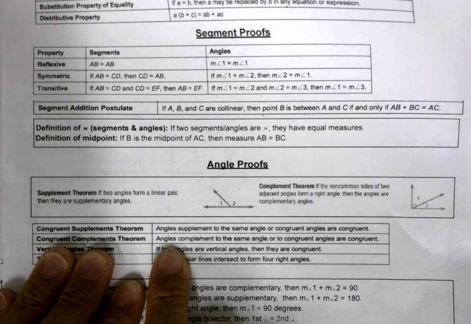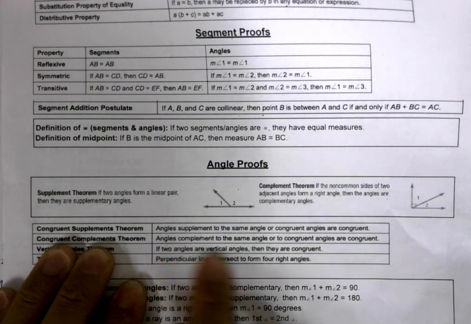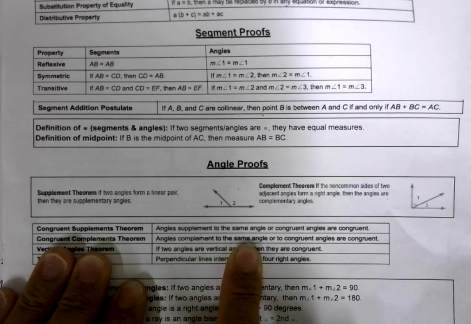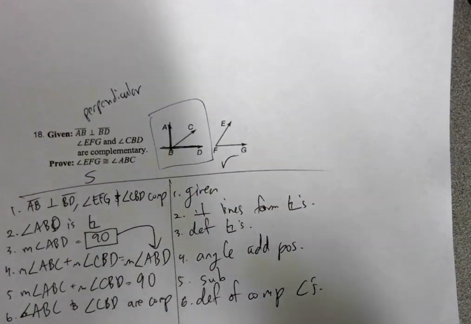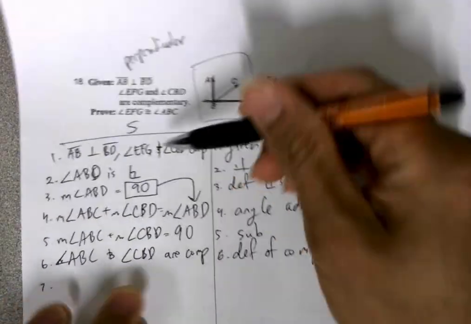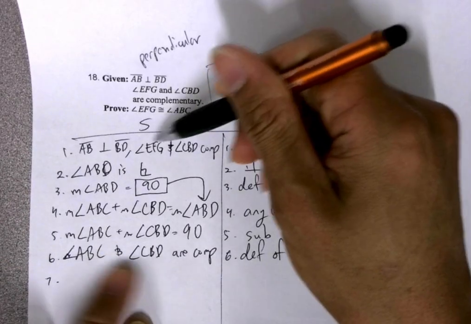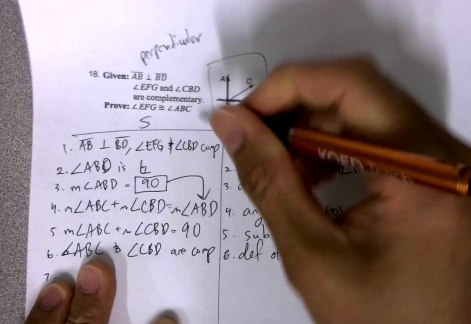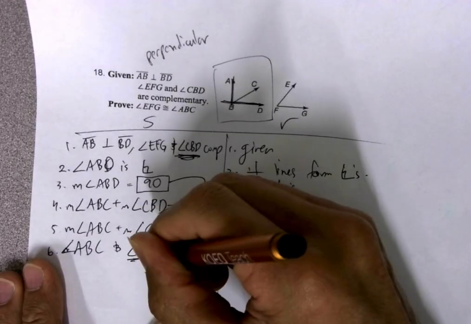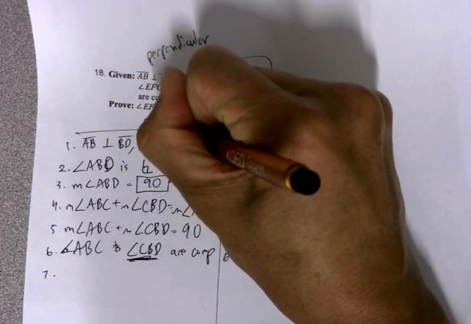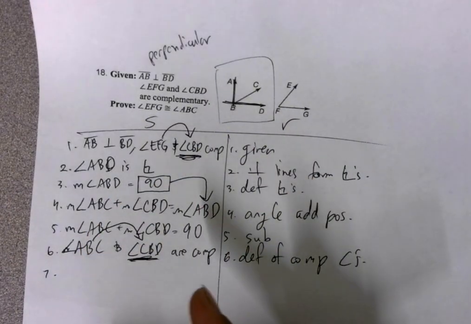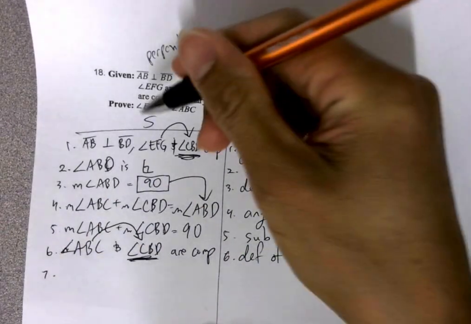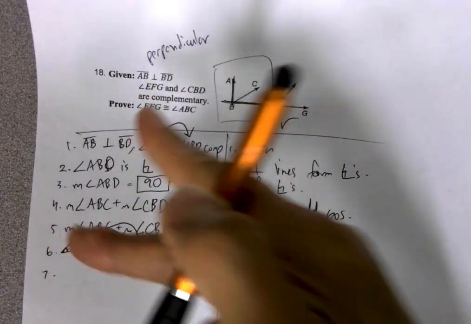Two comp statements saying that two different angles are complementary to the same angle, and if that's true, we can use this theorem to say the two angles are congruent. So which angle in both of these statements is the same angle? It is CBD. We have EFG complementary to CBD, and ABC complementary to CBD as well. So the two angles that are complementary to the same angle are angle EFG and ABC. They are both complementary to CBD.